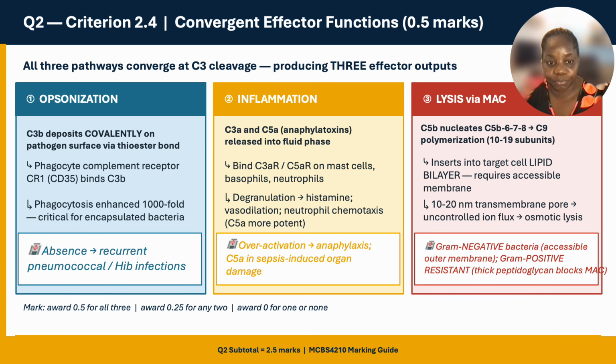And for each, a brief definition of who is involved: in opsonization, C3b deposits covalently on the pathogen surface; in inflammation we have C3a and C5a that are anaphylatoxins; and in lysis we have C5b nucleating the complex that will recruit C6, C7, C8 and then all the C9s, to form the MAC, the membrane attack complex. Okay, so now we can go to question 3.